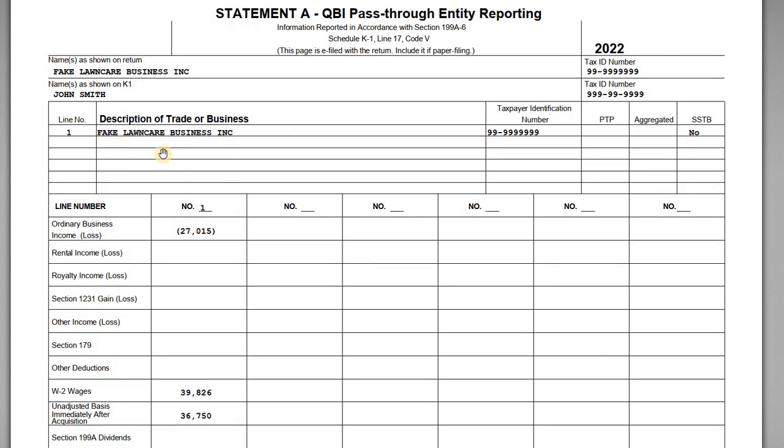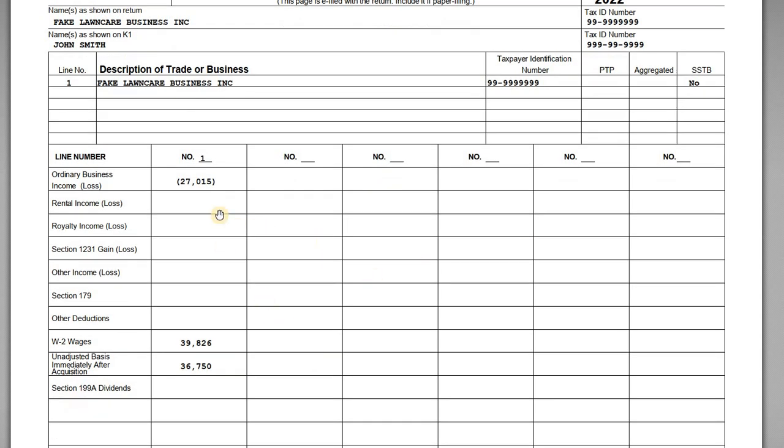And so we do have a qualified business. So this is a qualified business under Section 199A. And so John can use this information to determine whether or not he gets a QBI deduction on his personal return. So the amounts that are reported are the line 1 ordinary income or loss, and then these other items of income or loss if they applied. In our case, they don't.